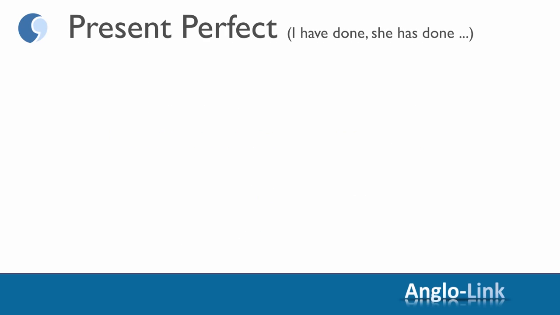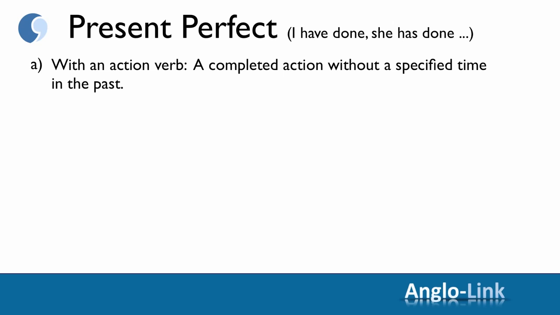Okay, from present perfect continuous we moved on to present perfect. I have done, she has done, etc. Now you have to be careful with present perfect, whether you're using it with an action verb or a state verb. Let's look at the usage of the present perfect tense with an action verb.